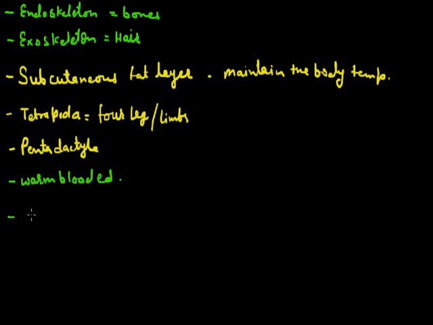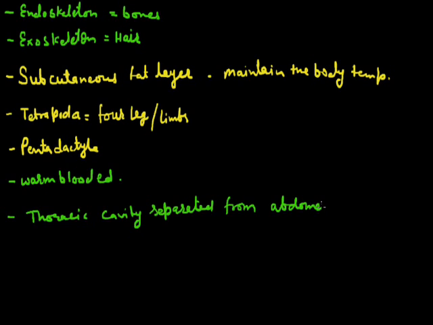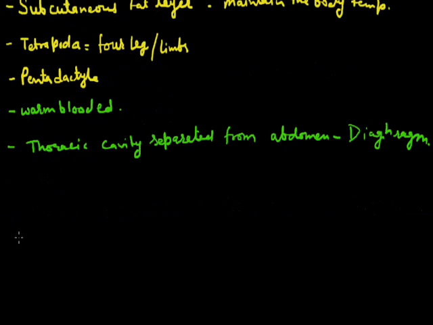In these animals, the thoracic cavity is separated from the abdomen through a muscular structure we call the diaphragm. The diaphragm is the structure which helps in the breathing of an animal.